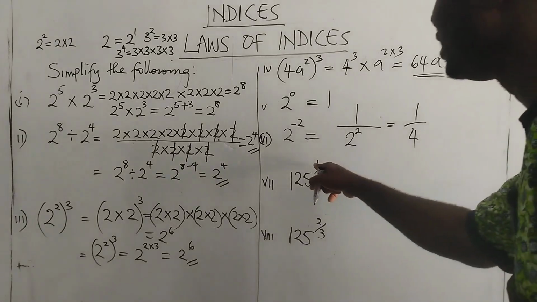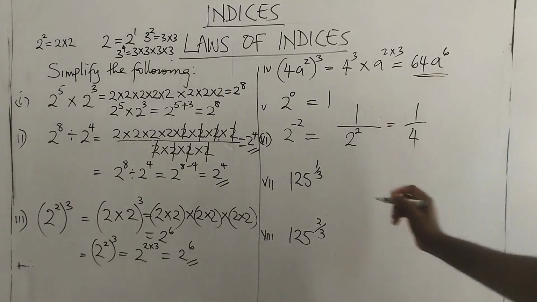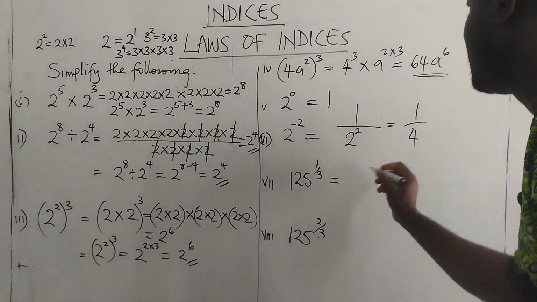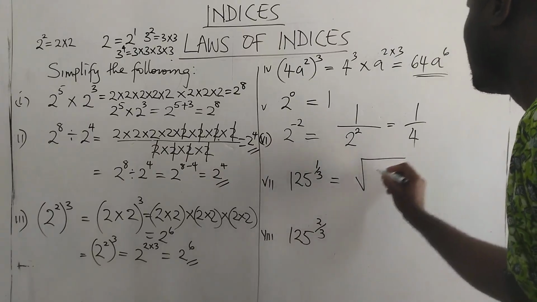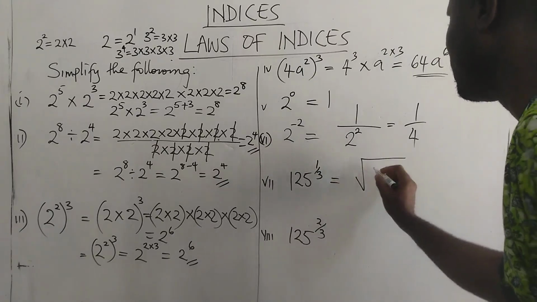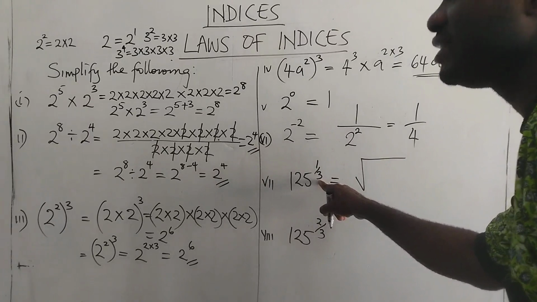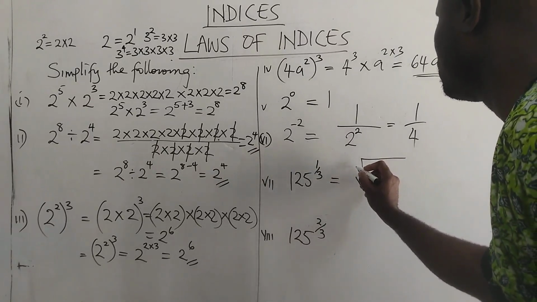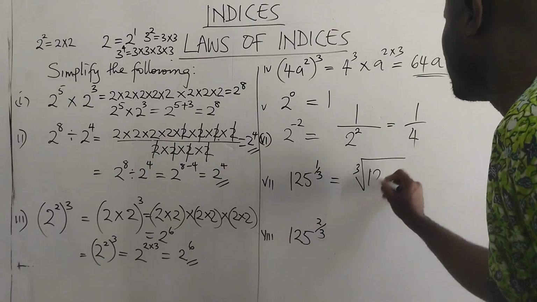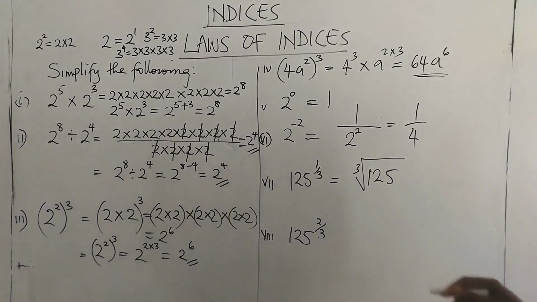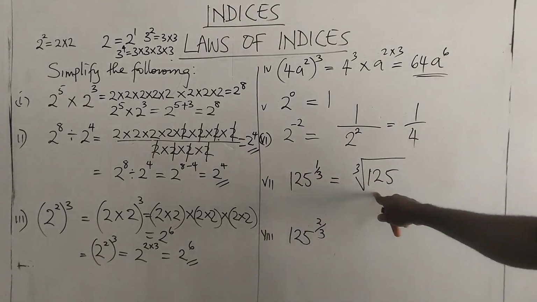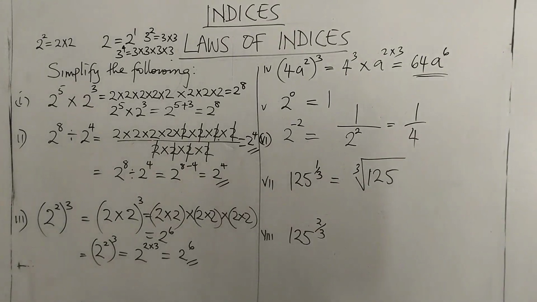So when the numerator is 1, the interpretation is the root of the denominator. So here in this case is 3. So the cube root of the number, that is the interpretation.